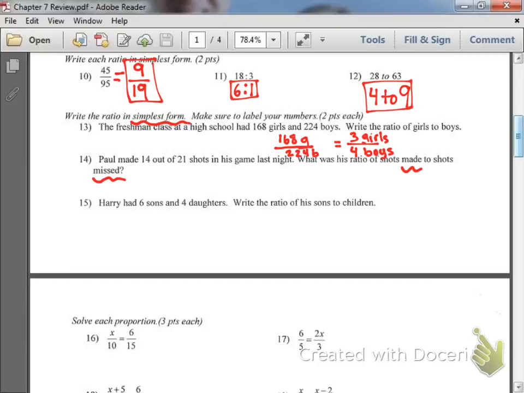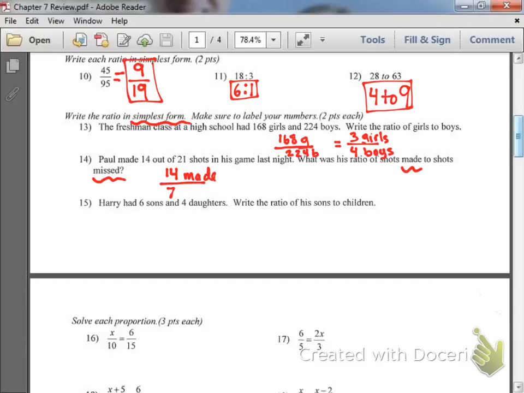So how many did he make? 14. How many did he miss? 21 is how many shots he took total. So how many did he miss? 7, right?